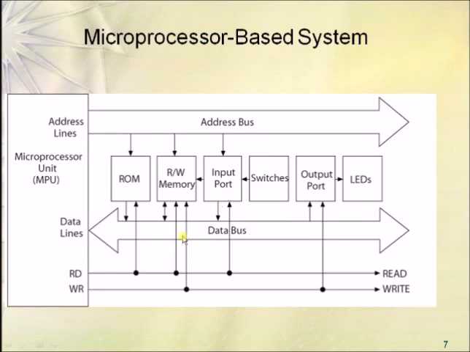But the data bus is bidirectional. Why? Because the processor can send information to the peripherals as well as receive information from them. And there are read and write control signals. Along with these, we can also represent other signals like request signals and acknowledgement signals. So this is how we can design a system based on a microprocessor by adding some external peripherals.